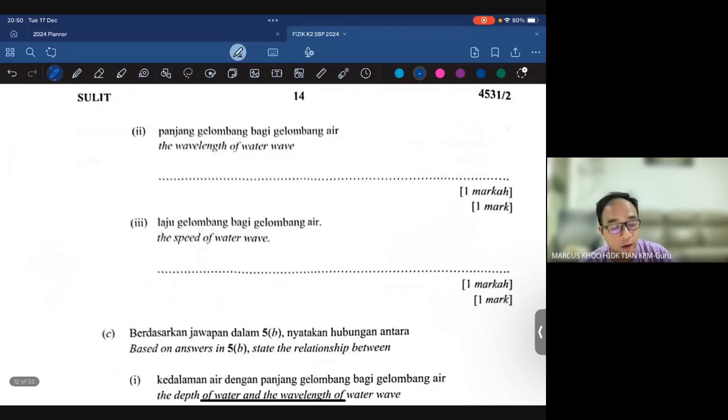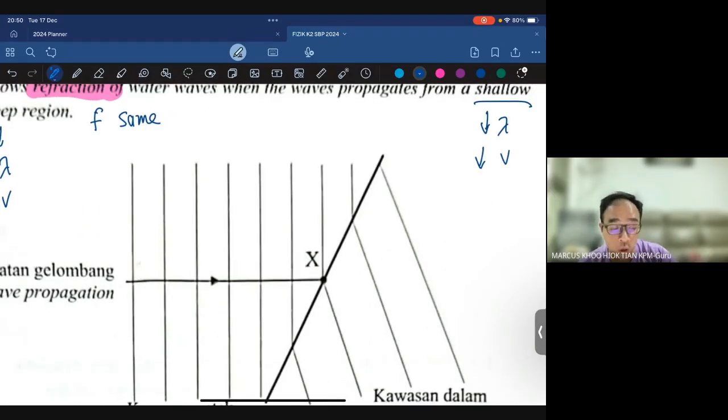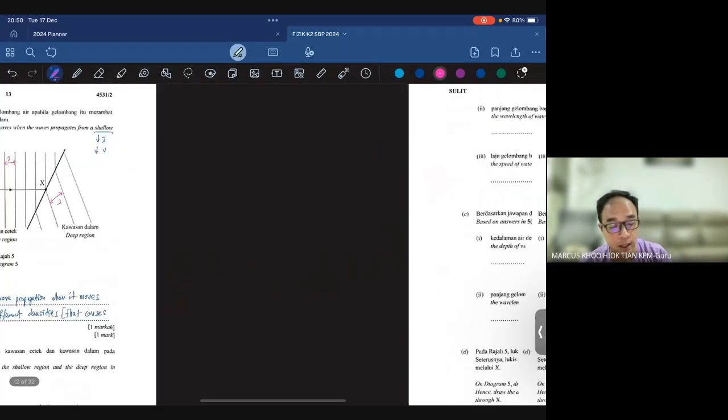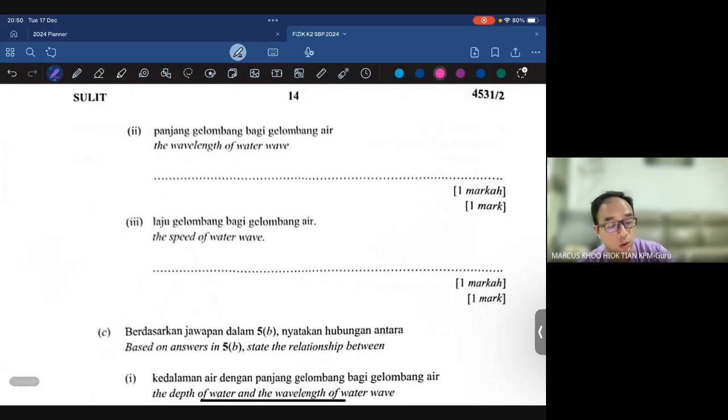The wavelength of the water wave, even if you don't know what the wavelength is, you should be able to see it. This is the wavelength and this is the wavelength. Obviously, the shallow is smaller than the deep.